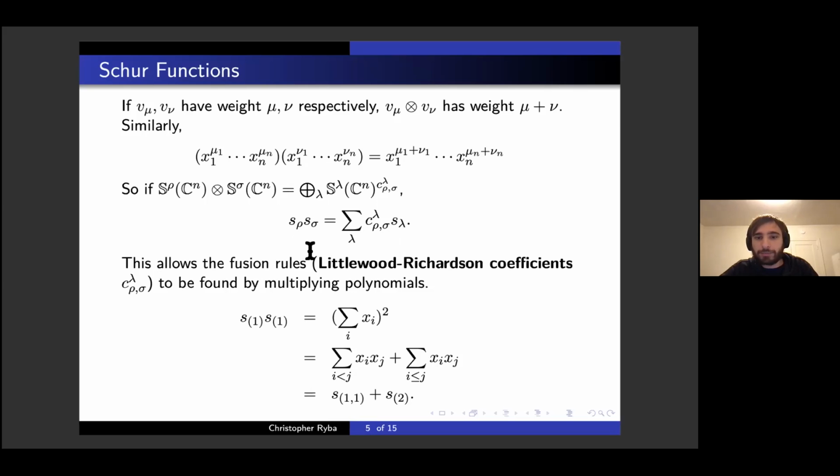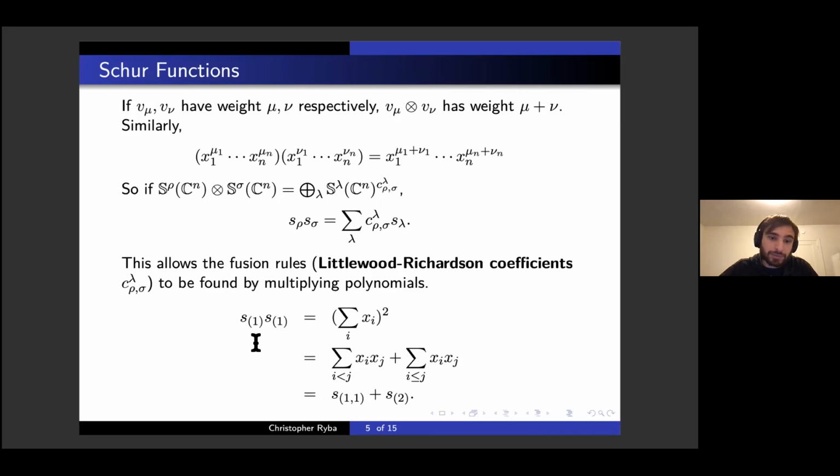There are various rules for computing them, and I'll make one more comment, which is that because the Schur function is homogeneous, that means that when I multiply two of these things, the degrees as polynomials add, and that means that this Littlewood-Richardson coefficient will be 0 unless the size of the partition lambda is equal to the sum of the sizes of the partitions rho and sigma.